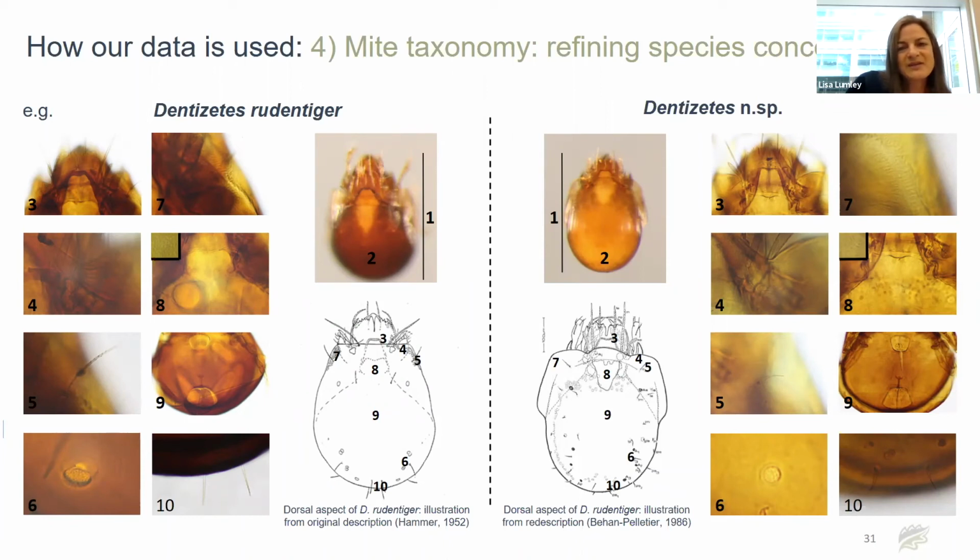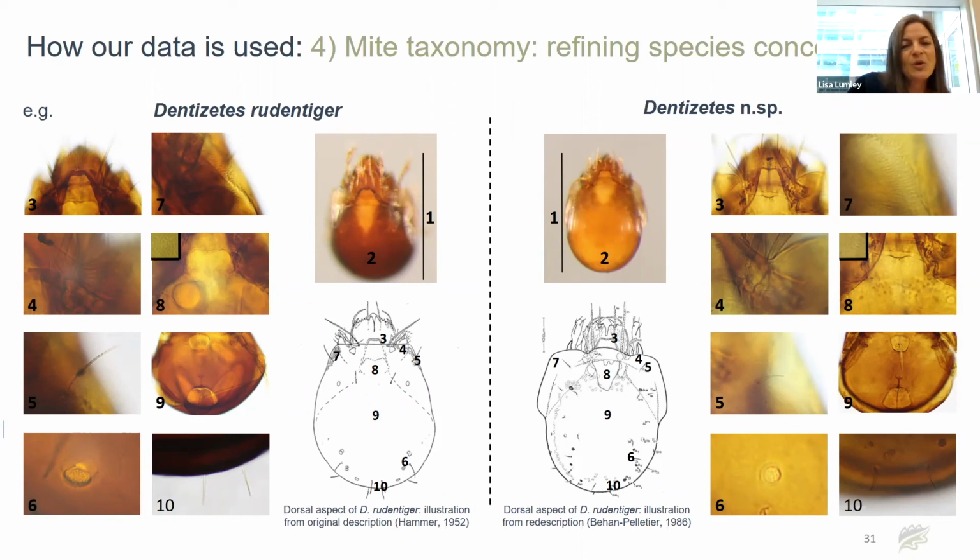But Valbehan Peltier, in about 1986, couldn't find the holotype. There was only a single specimen. So she redescribed it based on the specimens that were collected in Western Canada, including some collected in Jasper, but noted that it was smaller than the original description.